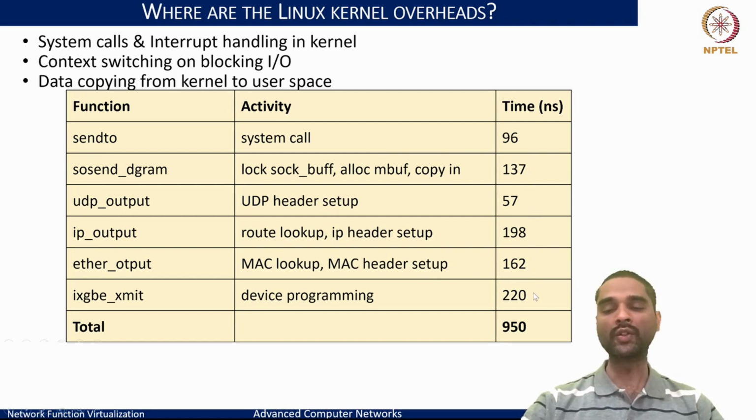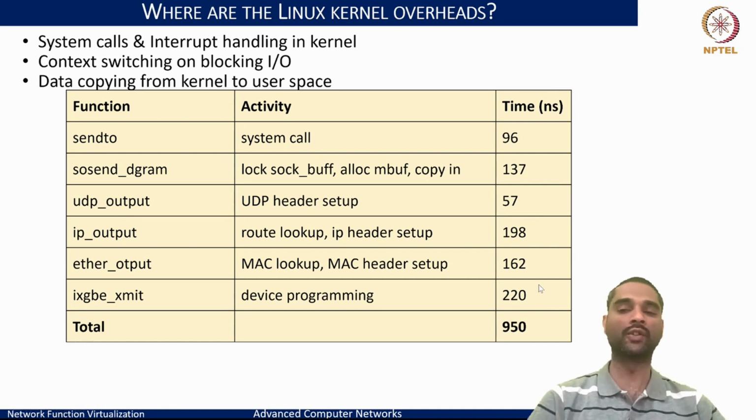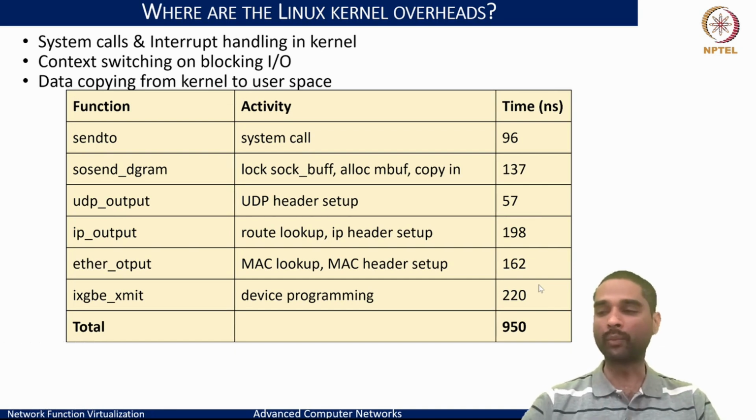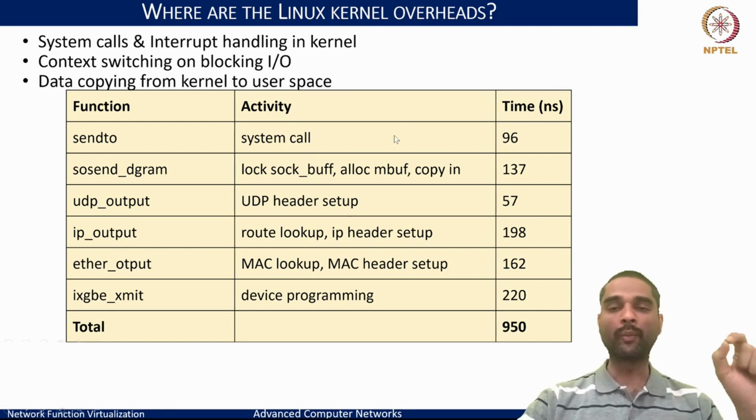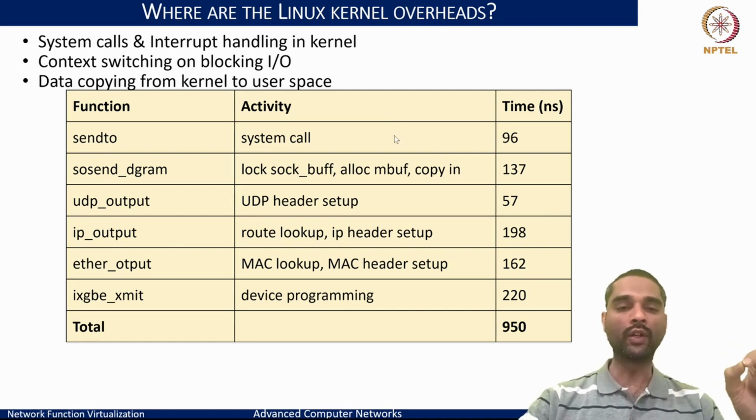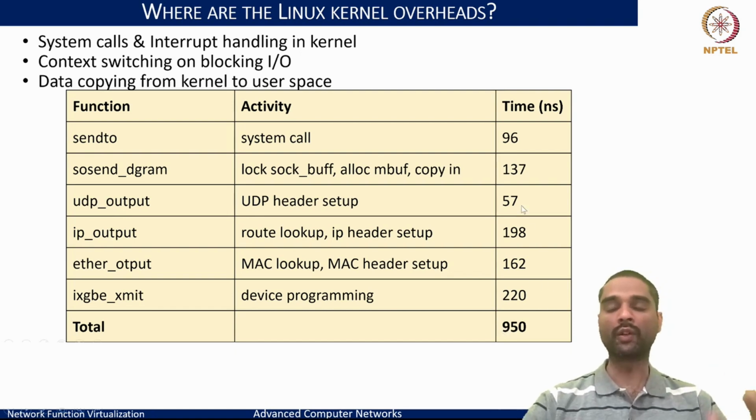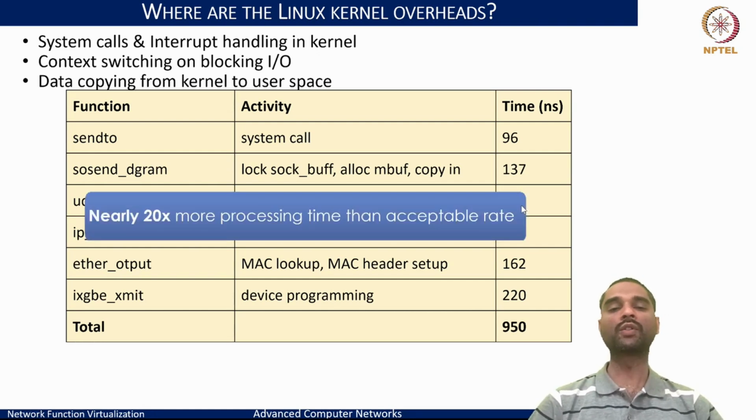All of these, we can see that they incur a lot more nanoseconds time than what we really had as a budget. And if we sum it up, for the time the packet is being asked to deliver out from the application to the time that packet is really sent out from that device, this roughly corresponds to around 950 nanoseconds. And we can see that this is almost 20x more than our real budget of 67 nanoseconds.